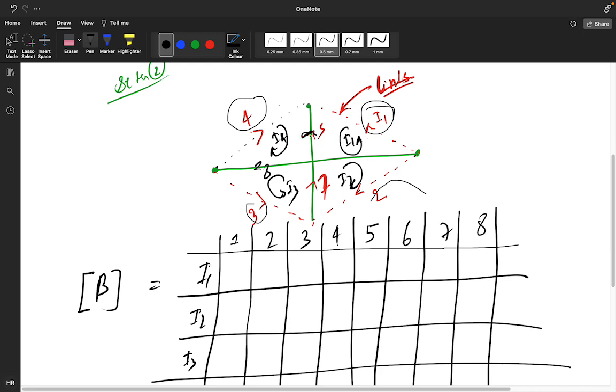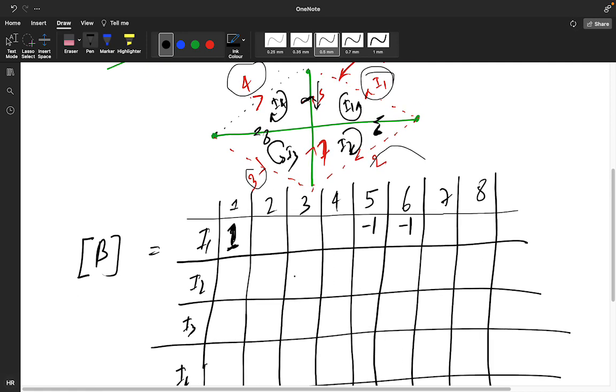This is your fifth branch, it's opposing, so fifth will be -1, and this was your sixth. How is it following the sixth one? It's opposing, so sixth will also be -1, and there is no seventh and eighth, and it's the I1 loop, so we'll get 1 only for the first. Okay, for I2 it will be 1, for I3 it will be 1, for I4 it will be 1.